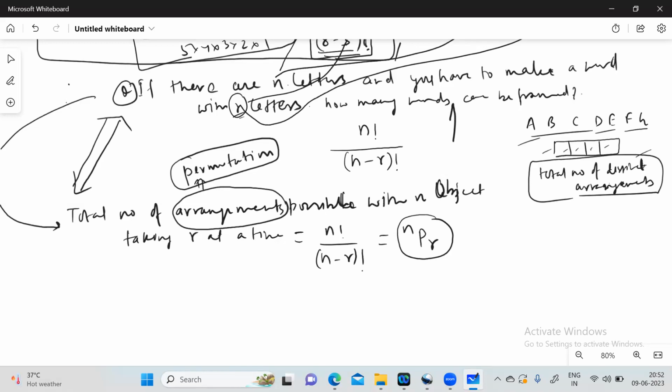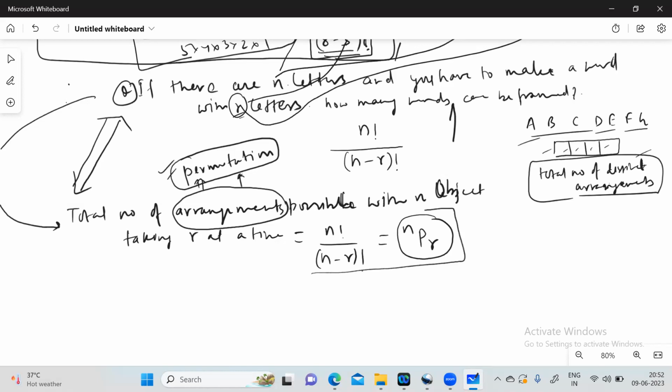That is permutation only. We are not minding whether the word will have a meaning or not. We are just counting the number of words that can be created. That's why the word permutation suits here more, and that's why it is nPr.